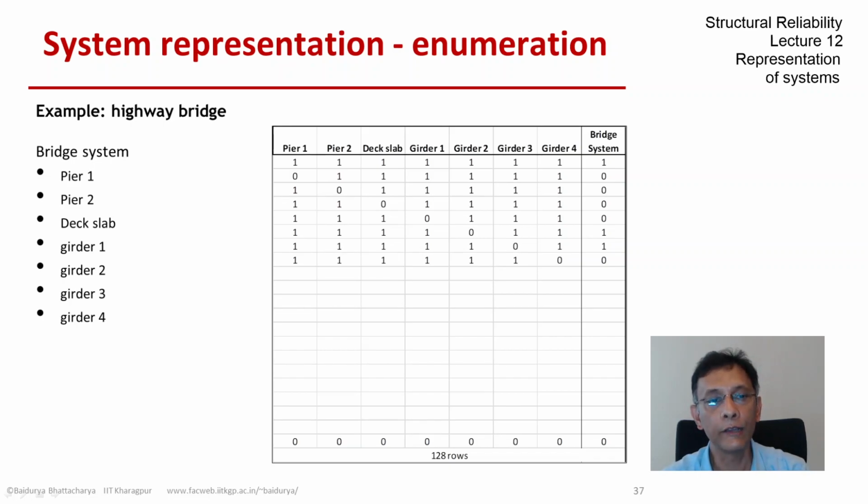Again, the next row, if girder 4 fails, then the bridge has failed because it is one of the end girders. This way, we could enumerate all the states of the system, and if the number of states is small, it's actually a feasible method, until we have exhausted all the 128 possibilities, the last row being all of them are down and the bridge system is down as a result.